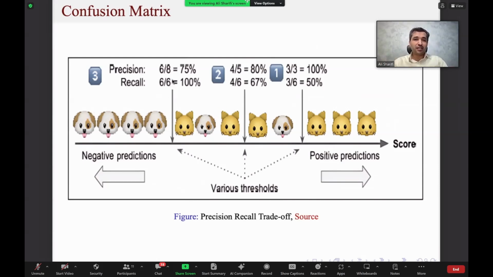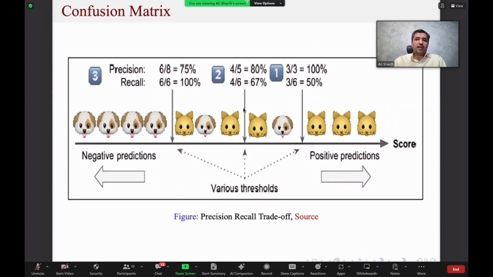And the question is which one of these thresholds we can assign such that the samples above that threshold are predicted as cats. So, for example, here we have 100% specificity, but at the cost of reduced sensitivity. Here we have 100% sensitivity at the cost of reduced specificity.